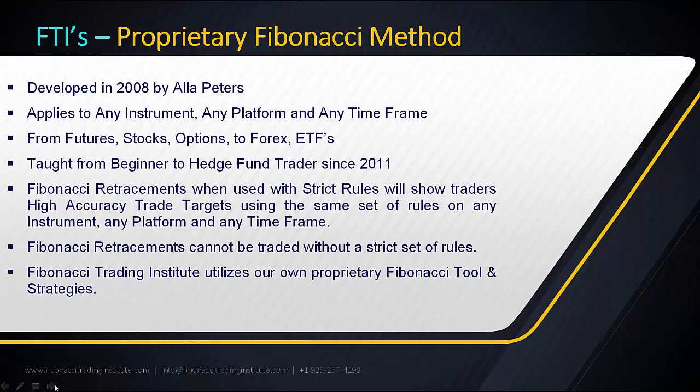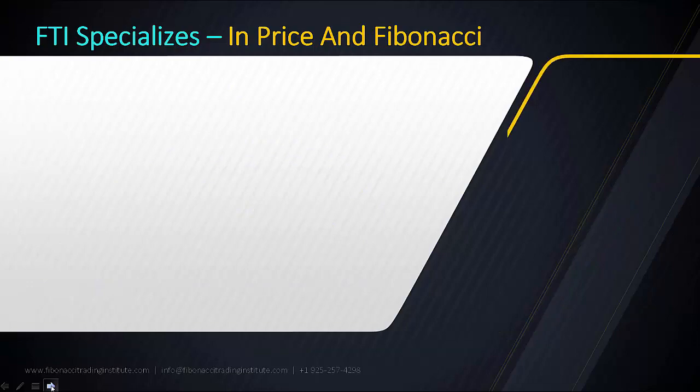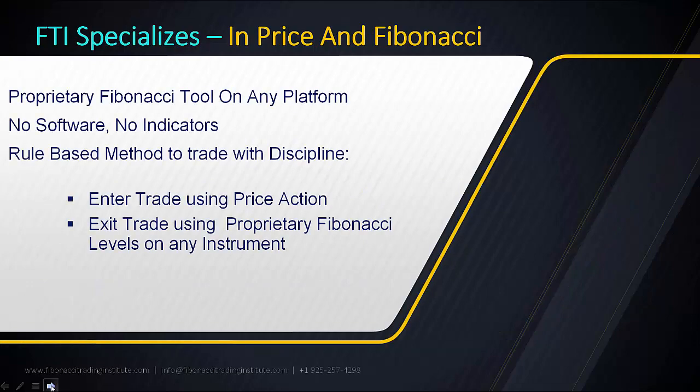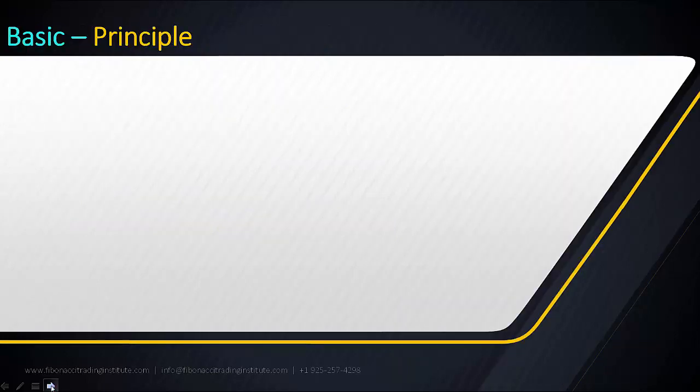This is the core of the method. Pure price for entry and Fibonacci for exits using this proprietary Fibonacci tool and strategies. No software, no indicators of any kind. This is a rule-based method that you will trade with discipline, entering trade using price action and exiting trade using proprietary Fibonacci levels on any instrument.